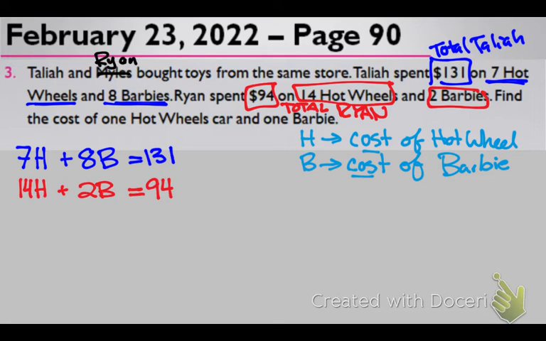I already have them lined up. I have h's, b's, and a constant on the other side. What would I need to do to eliminate one of my variables? Do either of them eliminate right now if I added them together? No. So what would I need to do?